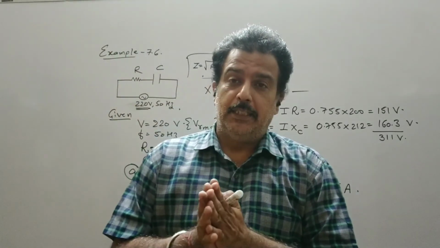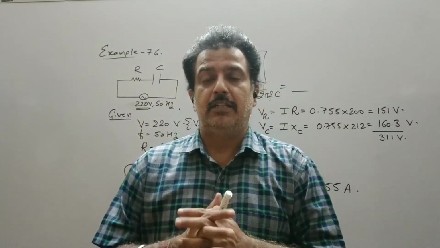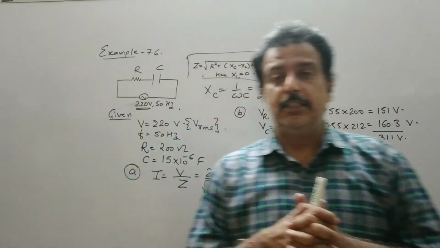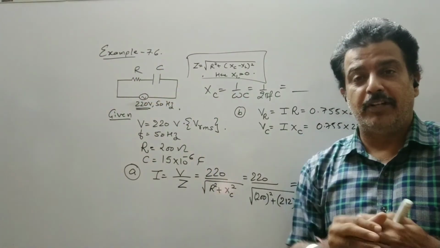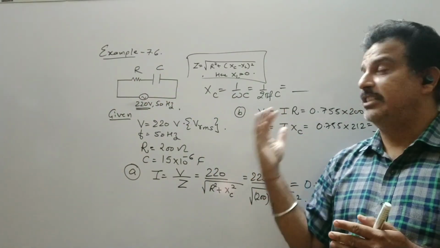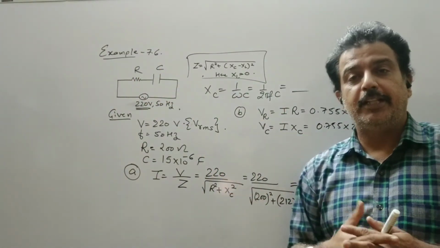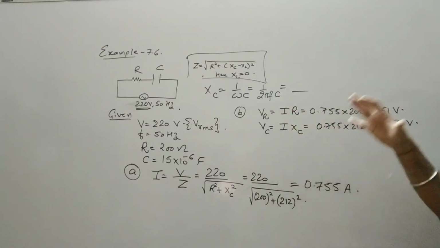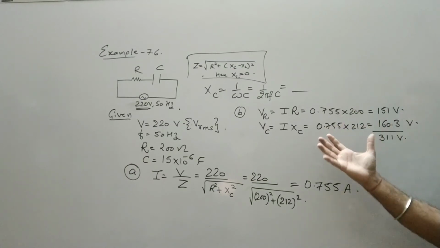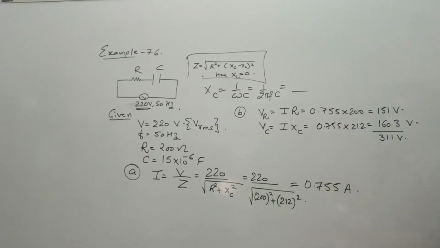So we know that there is a phase difference between the voltage and current. In the case of R, the phase difference was 0. In the case of C, the current was leading the voltage. So you cannot do the algebraic summation. And if we do the simple algebraic summation, it comes out to be 311 volt.